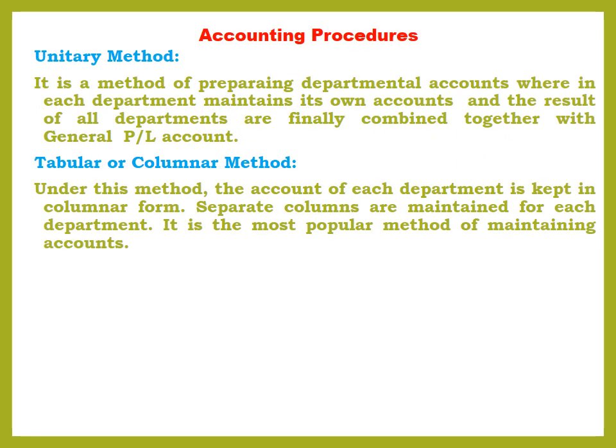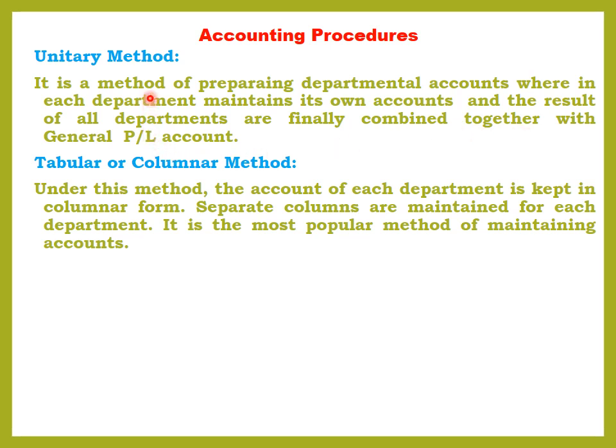There are two procedures in maintaining books of accounts. One is called the unitary method. The other one is called the tabular or columnar method. The unitary method is a method of preparing departmental accounts wherein each department maintains its own accounts and the results of all departments are finally combined together with the general P&L.